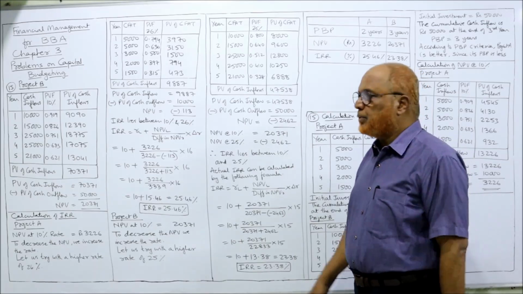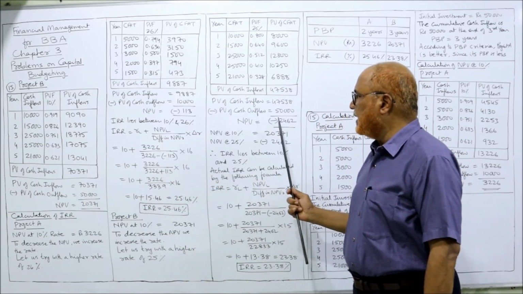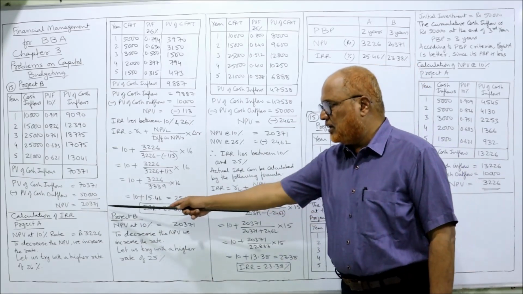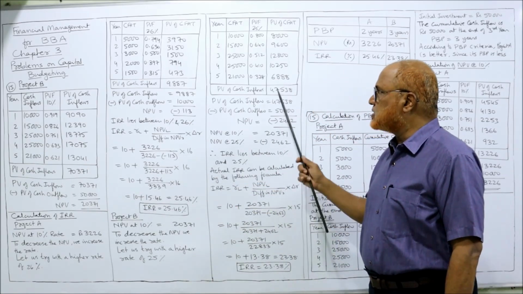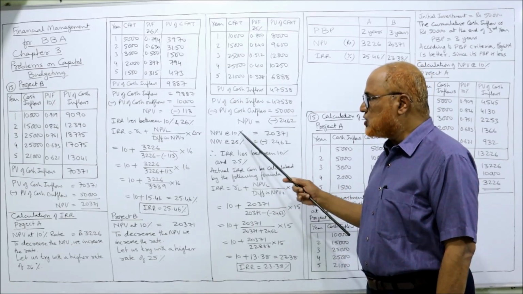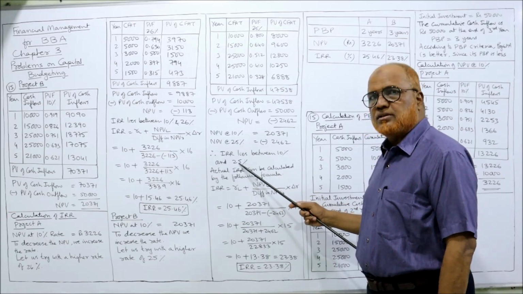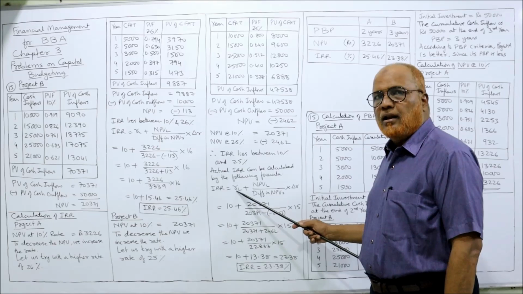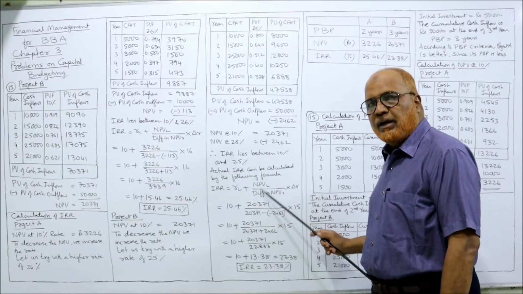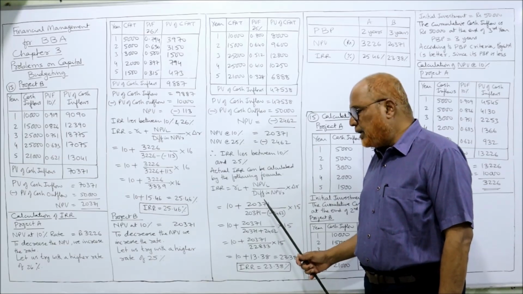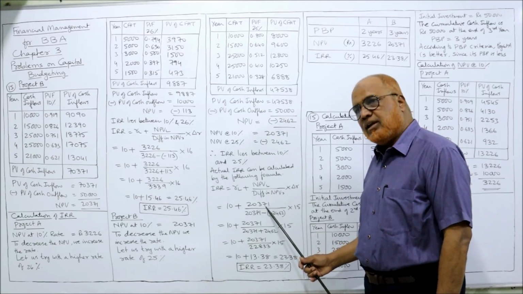So one positive NPV and here one negative NPV. The 10% NPV is 20,371, and at 25% we got minus 2,462. IRR lies between 10% and 25%. So actual IRR can be calculated by the same formula: RL plus NPV at lower rate divided by difference in NPV into delta R. So higher NPV at lower rate is 20,371.